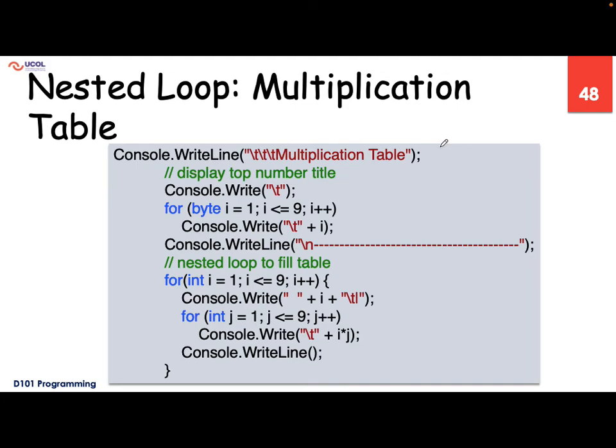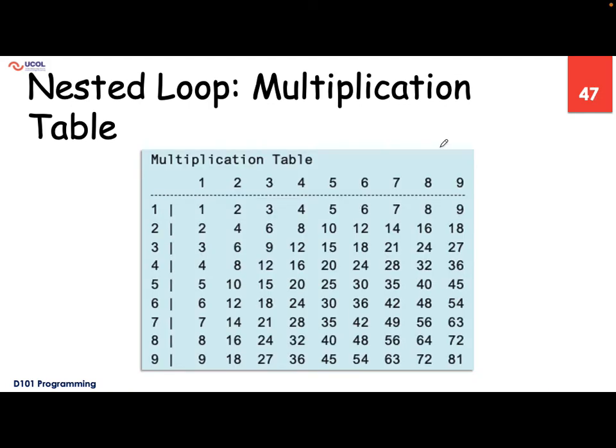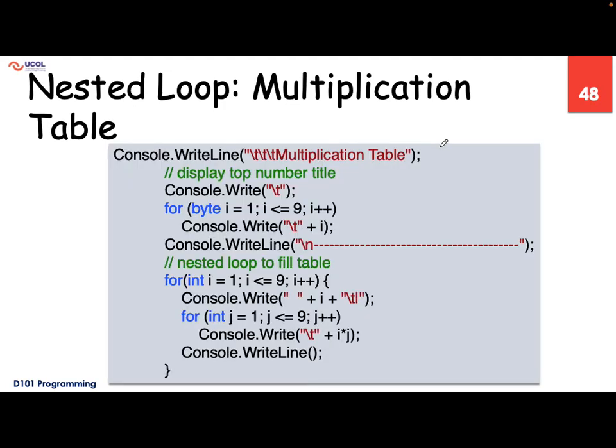So this is our for loop: i is equal to 1 to 9, i plus plus. Again j is equal to 1, j is less than or equal to 9, j plus plus. For the inner loop we are printing one line, 1, 2, 3, 4, 5, 6, 7, 8, 9 for the 1, and then for 2, for 3, and so on. So this inner loop is printing those multiplication values, i multiplied by j.